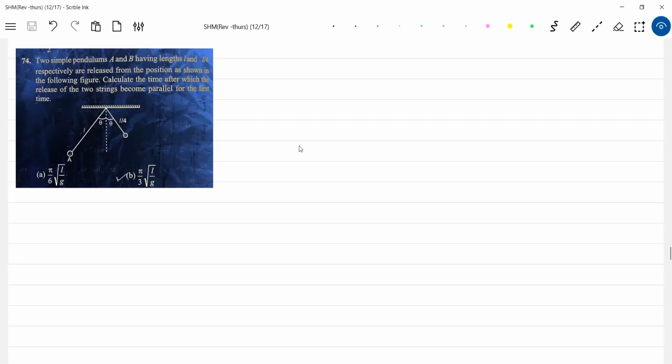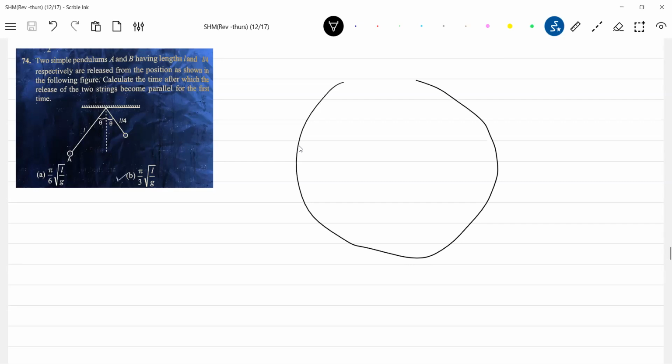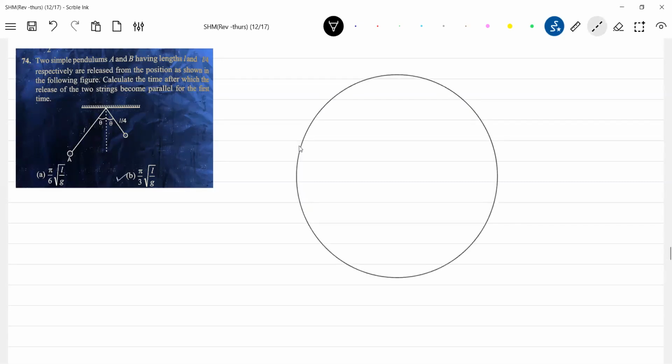Okay, now we'll discuss this one, the simple pendulum. Okay, we have it like this. Initially, what is the time period? First, we'll get the time period.